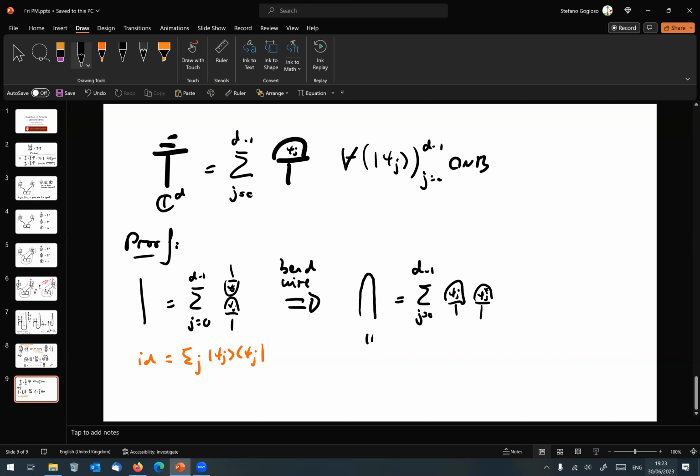But then I can double, or package, if you will. The left-hand side is the trace. The right-hand side is the sum of the doubled states, or in this case the doubled effects. And that's my proof.